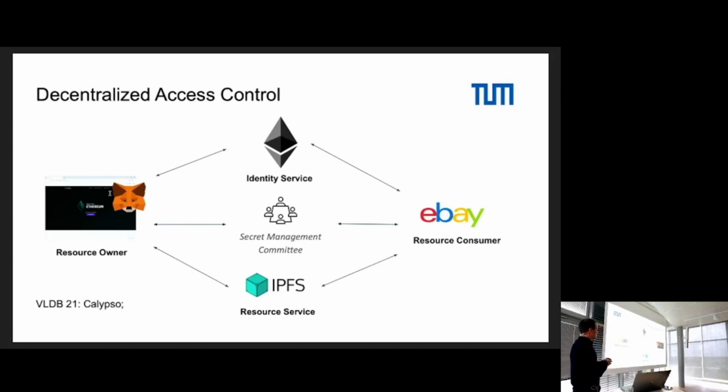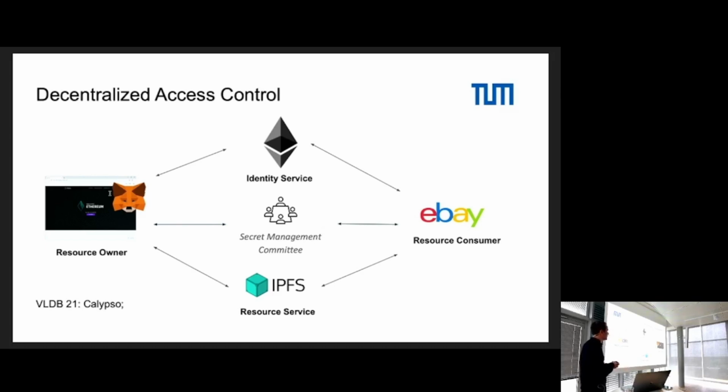For the consumer to access your data, the consumer now needs to post a transaction to the identity service, so to the blockchain, that complies with the data policy that you set up. Then in a second step, eBay can go to the secret management committee and request your decryption secret and the shares.